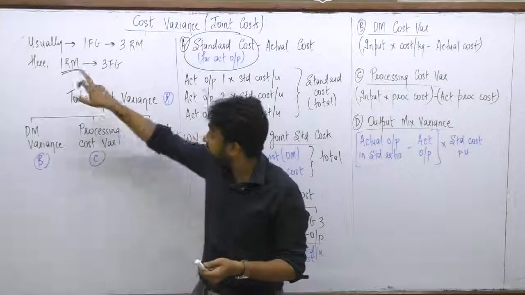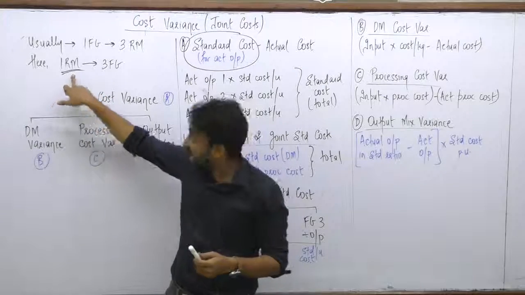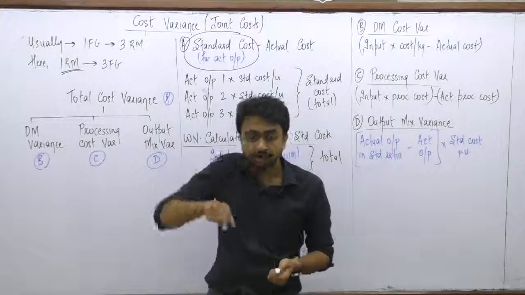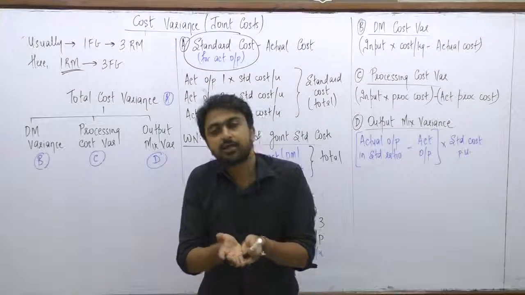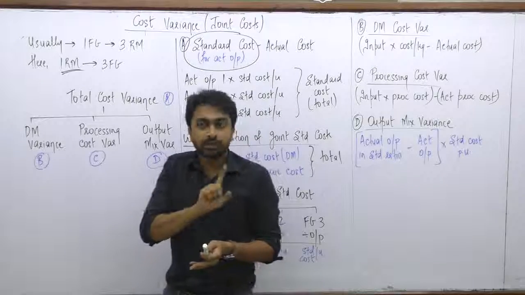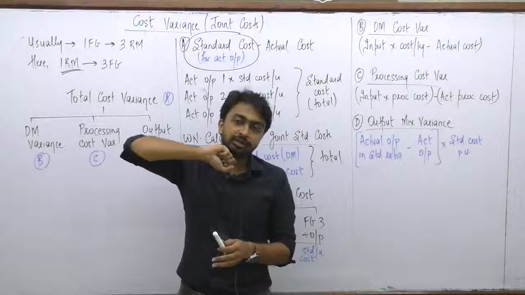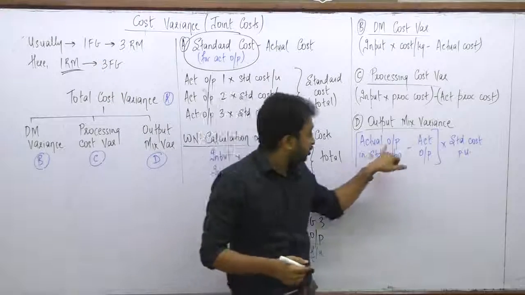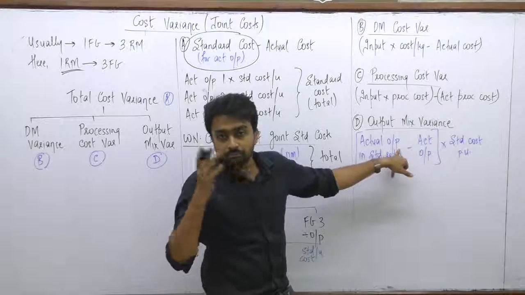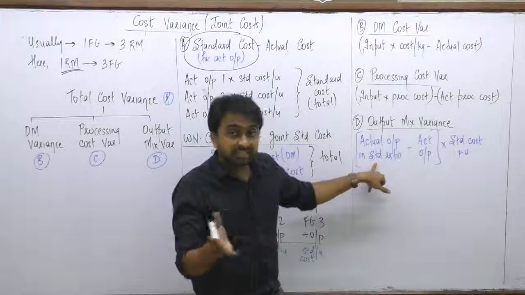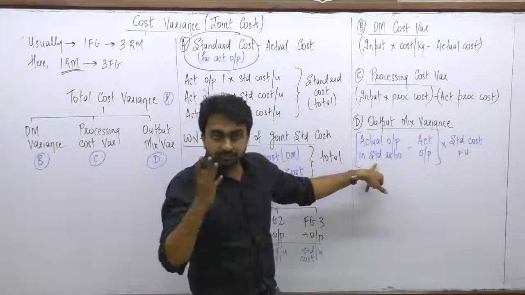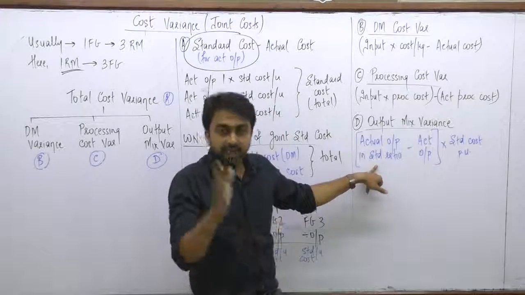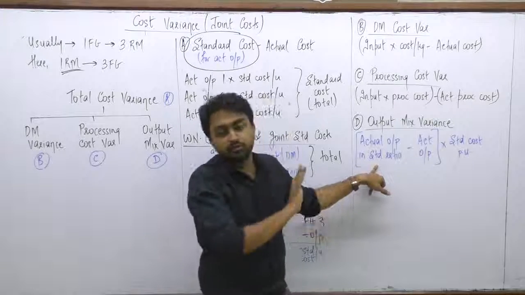Now since I had 1 RM and I had 3 FGs, I will not have input mix variance because input we have only 1. We have 3 FGs. So I will have output mix variance, which means actual output will be taken. I will use the standard mix ratio, which means if the actual output has been produced, this is the mix in which the actual output should have been produced.